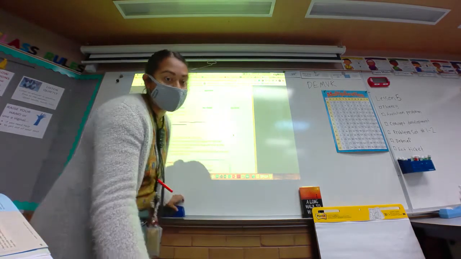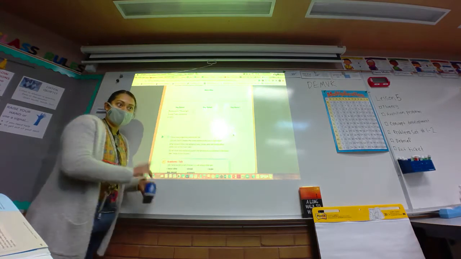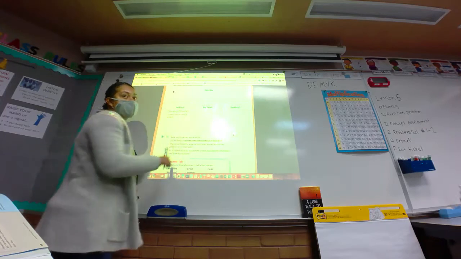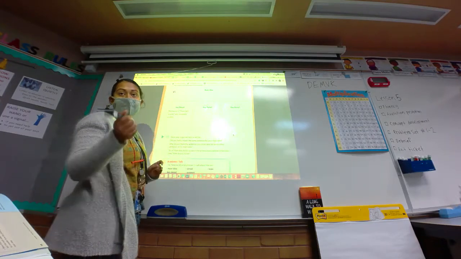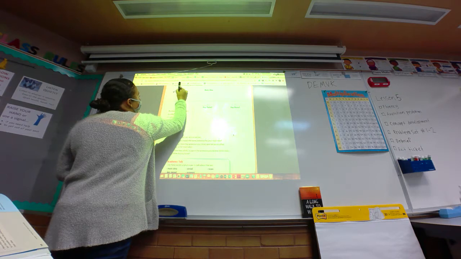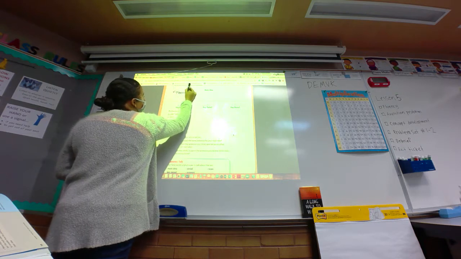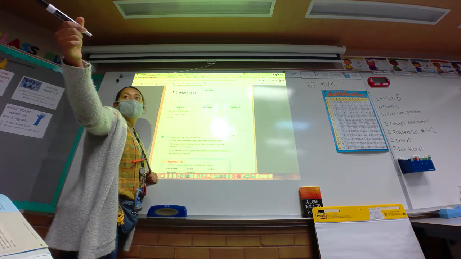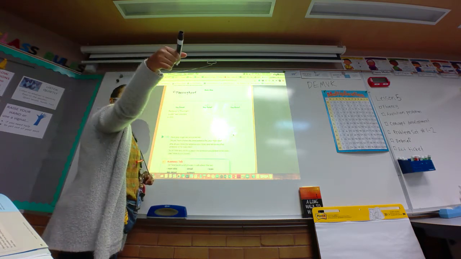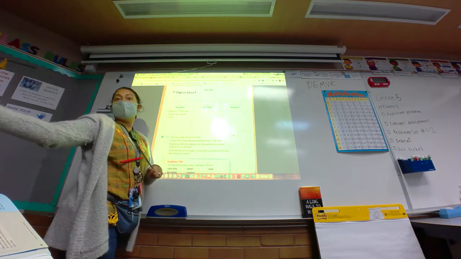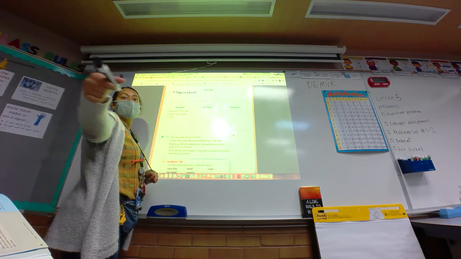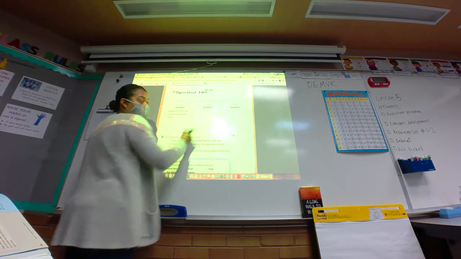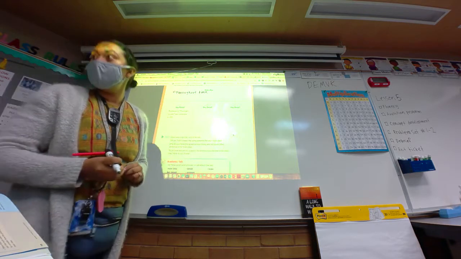Ready? Main idea. So you're writing down the sentence exactly how it is. So throughout time, so quotation marks because we're pulling it straight from the text. If I'm writing, you are writing. Thank you, Dylan. Thank you, Bo. Thank you, Mohammed. Thank you, Emma, for getting ready. Throughout time, comma.